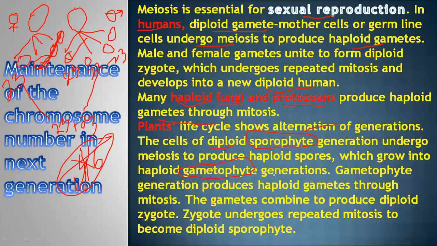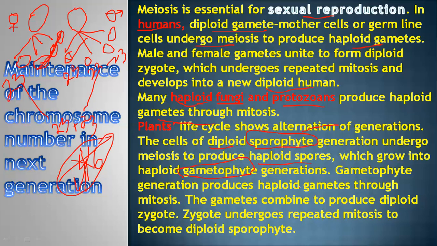They undergo meiosis to produce haploid spores, which grow into the haploid gametophyte. Then the plant undergoes several changes and grows into the haploid gametophyte generation.